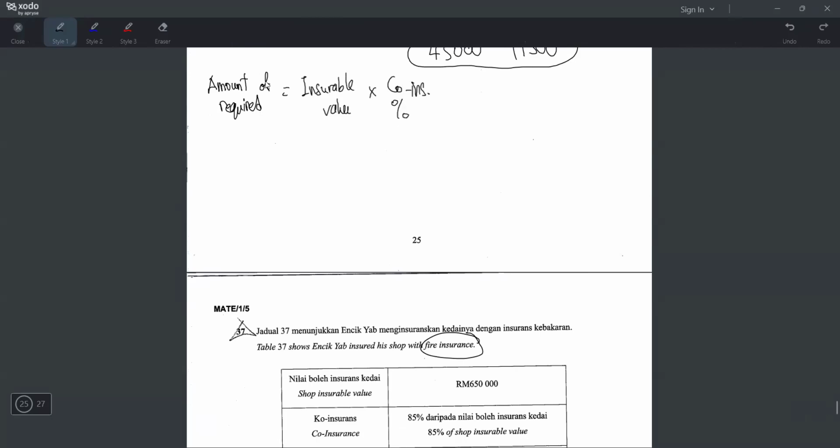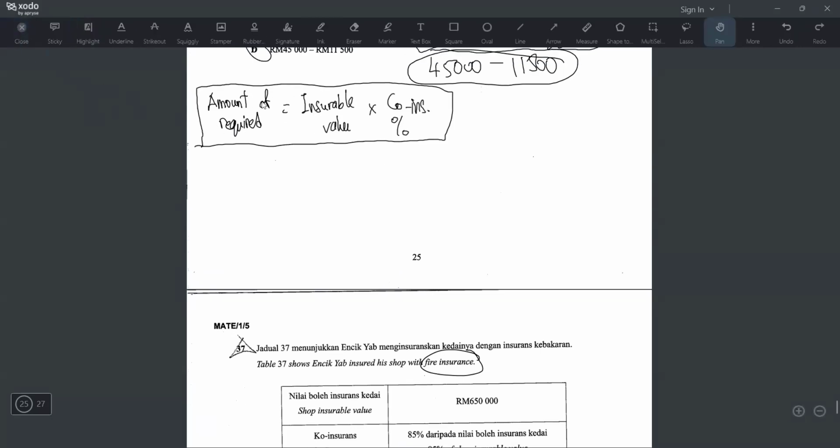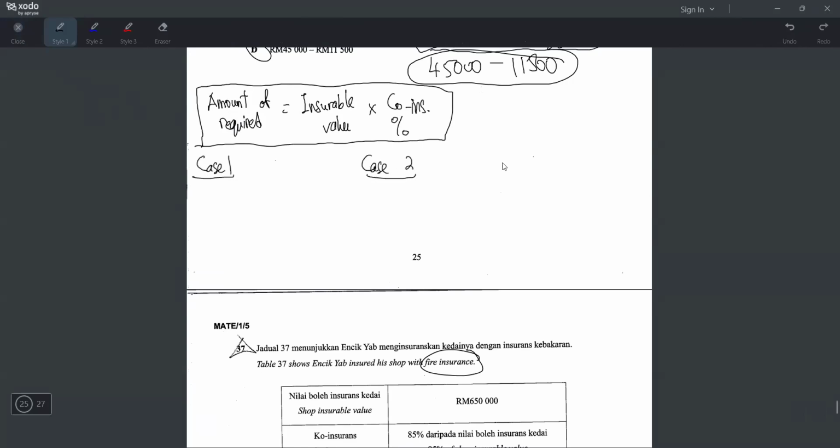So when you do fire insurance, always start with this formula. Always. You have to always start with this formula, because you need to get your amount of required insurance first. After you get your required amount, then you check whether it's case 1 or case 2 or case 3.